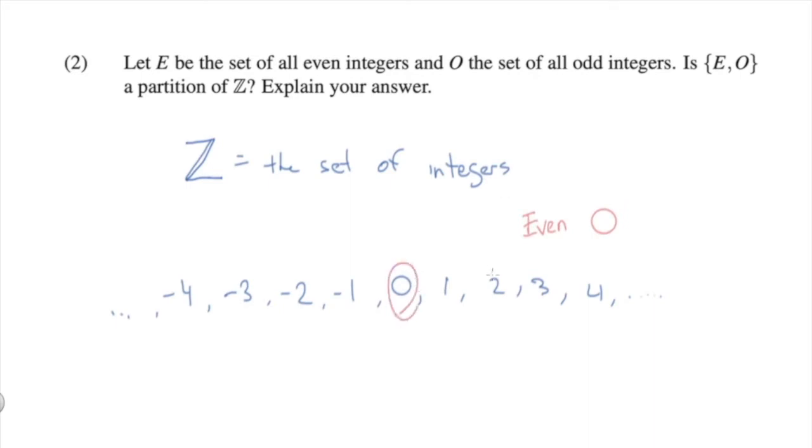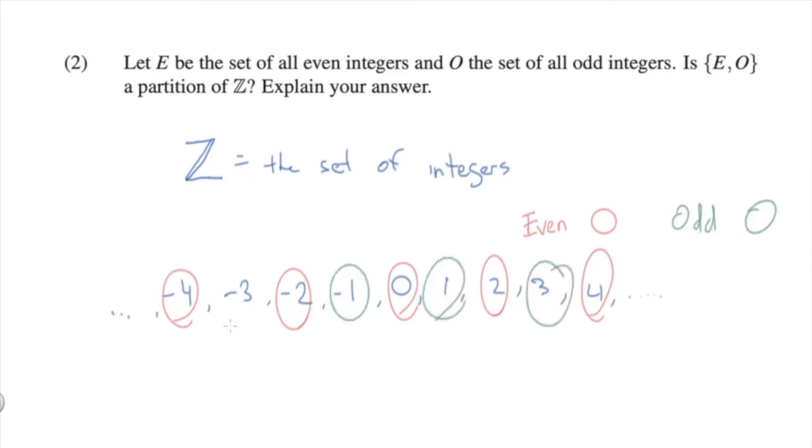So we've got 0, 2, 4, -2, and -4. And then for odd, we'll do it with the green circle. So we've got 3, 1, -1, -3. And then that pattern continues all the way from negative infinity to positive infinity.